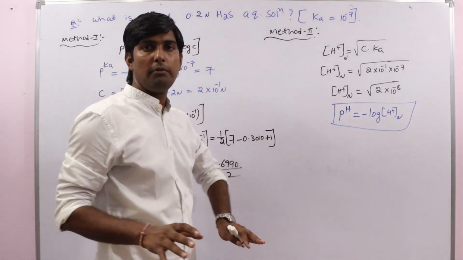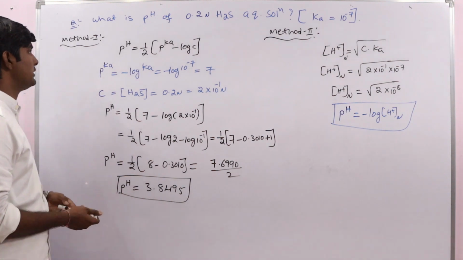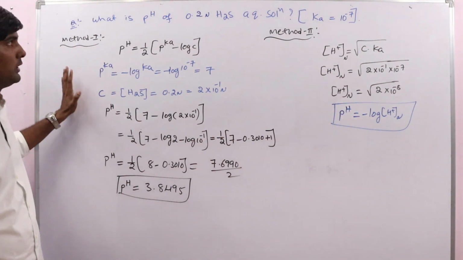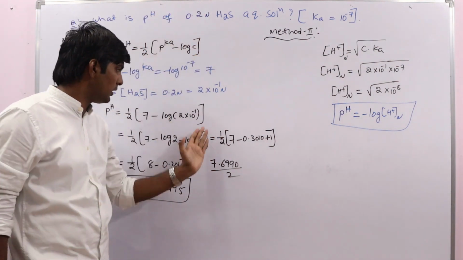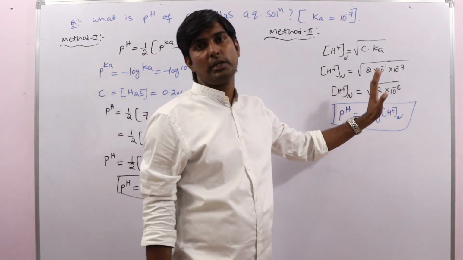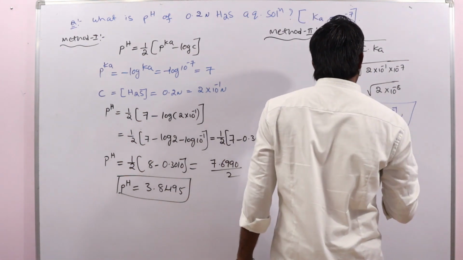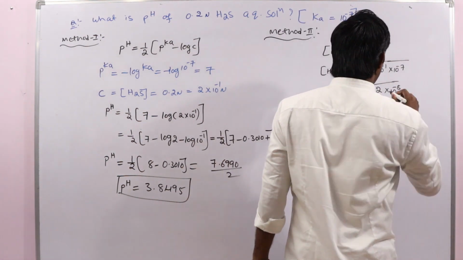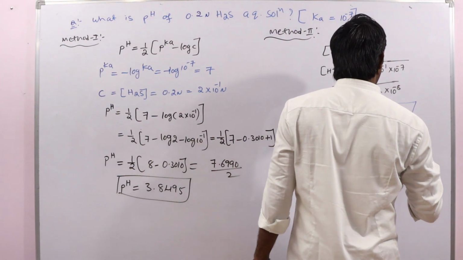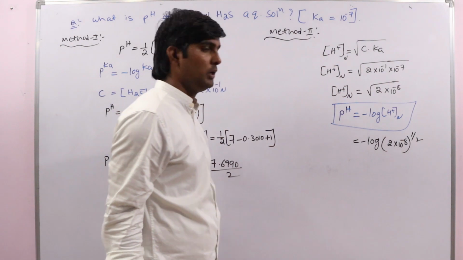So that's why I am giving two methods. Whatever method you can follow. Mostly the first is the easier one, no confusions. If a weak acid is given, you can follow that procedure. But this is also possible, that's why I am explaining. So if you substitute here minus log, we can write it as 2 into 10 power minus 8 whole power 1 by 2.